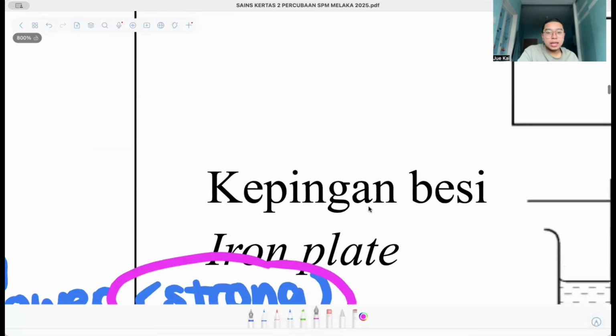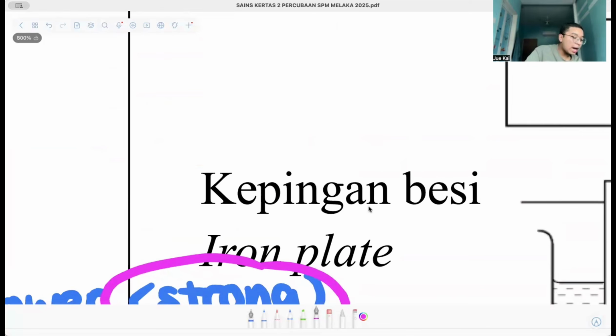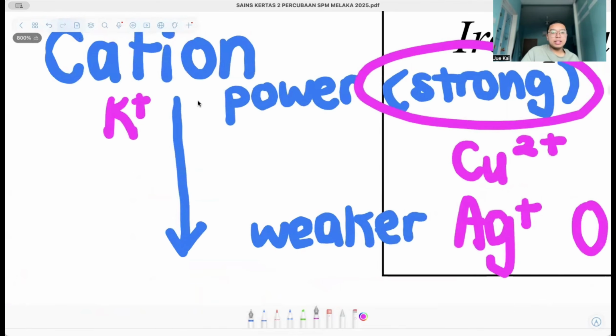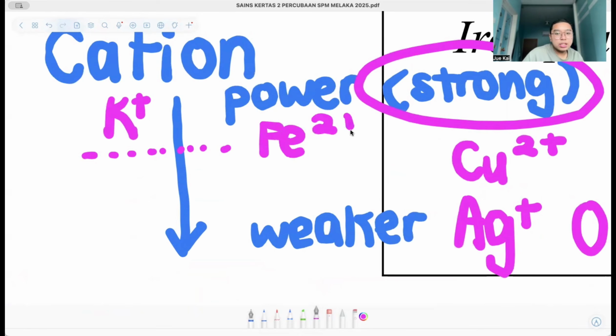But you see iron. You know where iron is? Iron is somewhere here, confirm near the bottom, but no. Iron is Fe2 plus, so Fe2 plus is at the top, above. It is near the top. So iron being at the top, does that mean it is stronger or weaker?